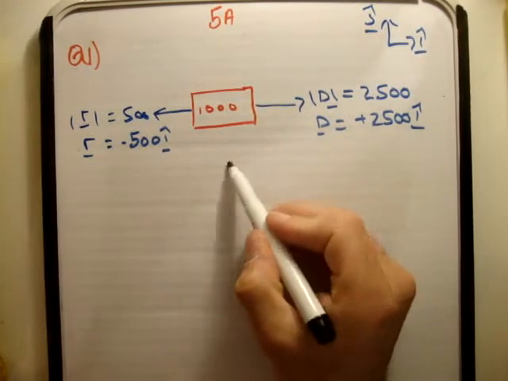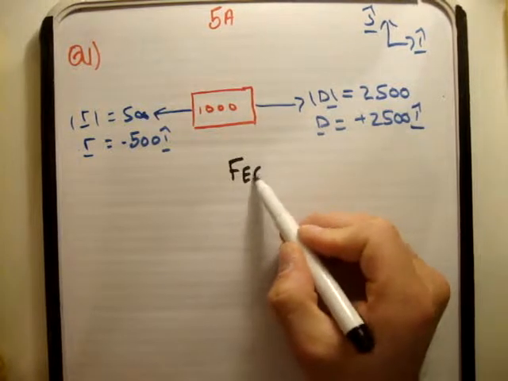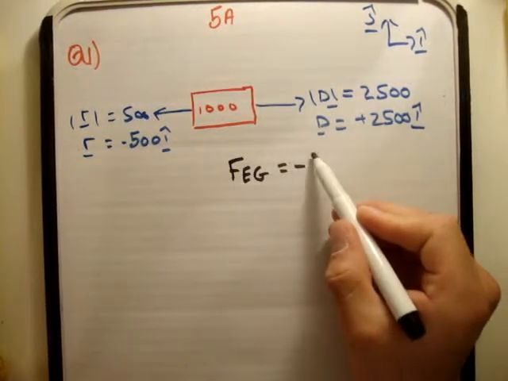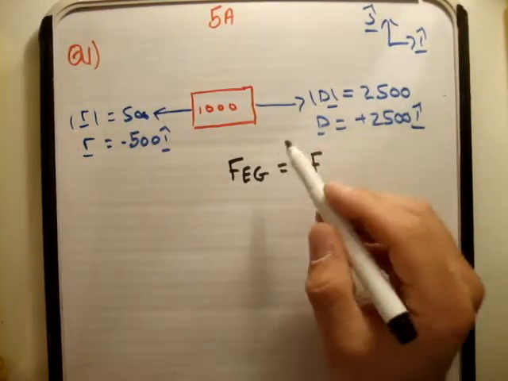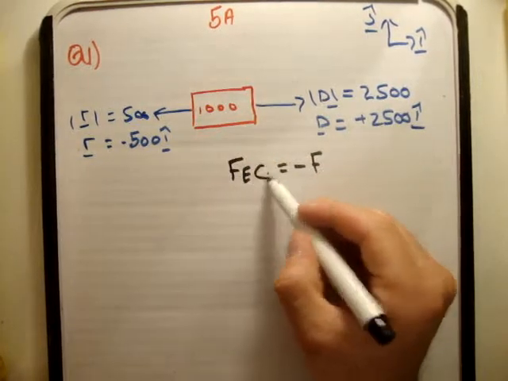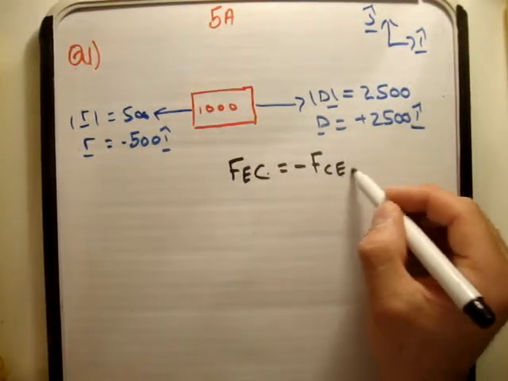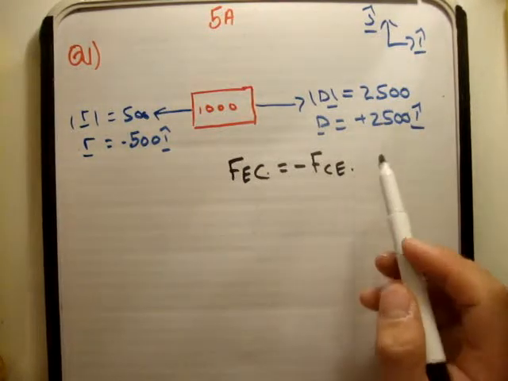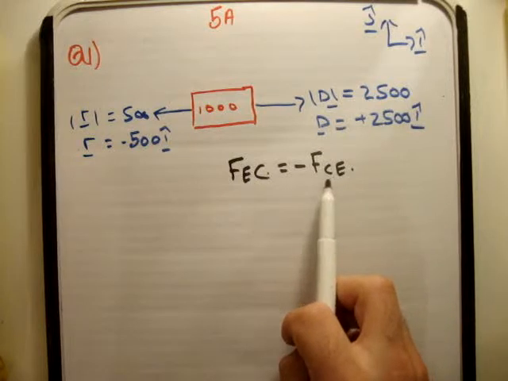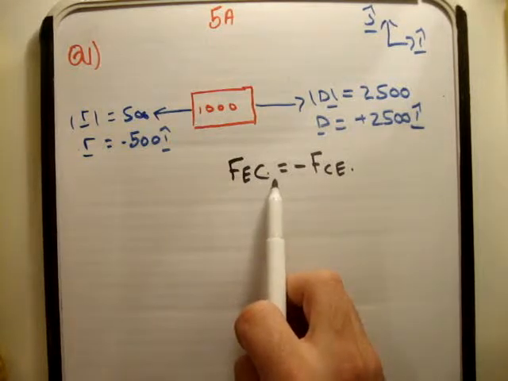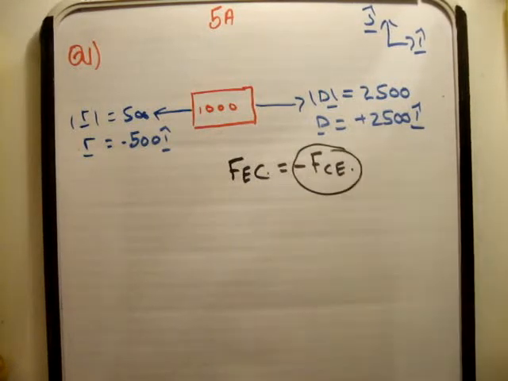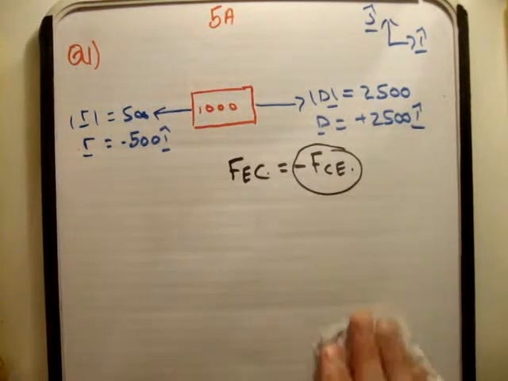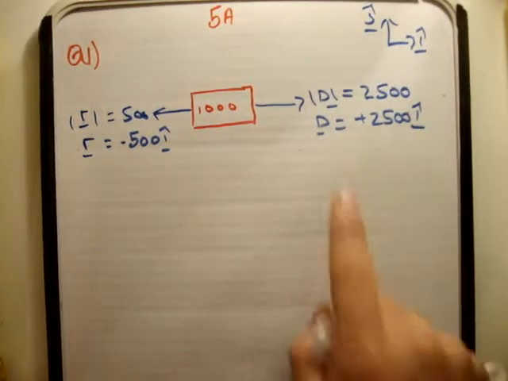So there's going to be a force of the engine on the car, which is going to be a reaction pair with the force of the car on the engine. Now, we don't have an engine in this, we're just talking about the car. So D here corresponds to the force of the engine on the car, but we're not dealing with this reaction pair or this vector as well. So we don't have a Newton's third law action-reaction pair here.